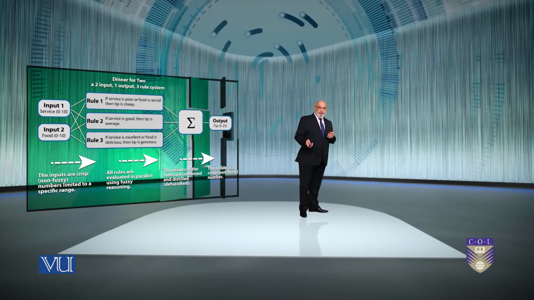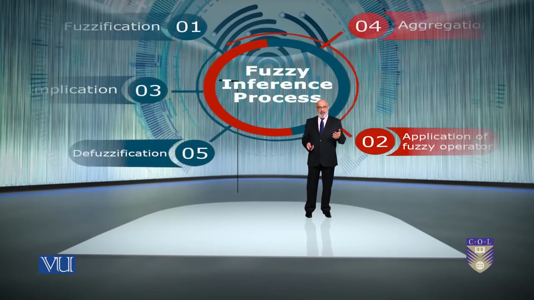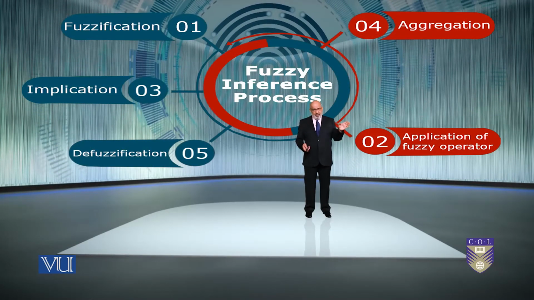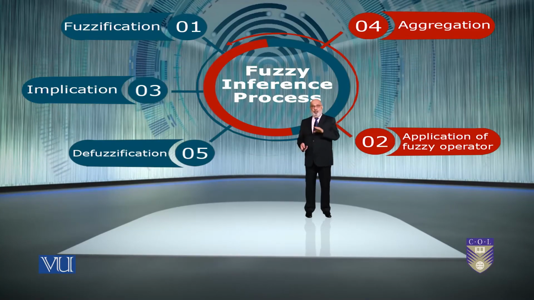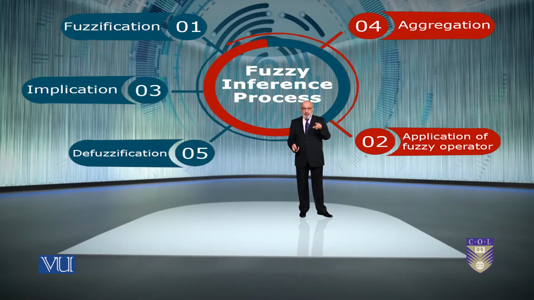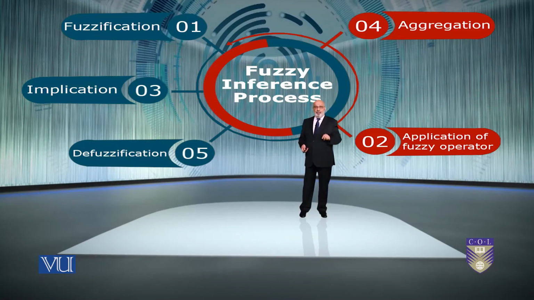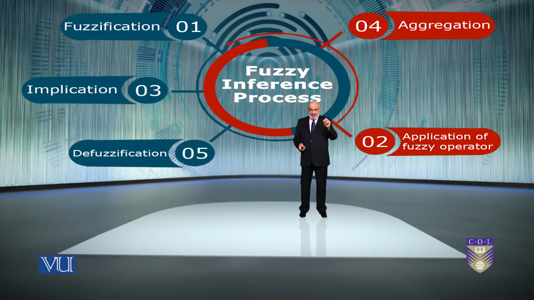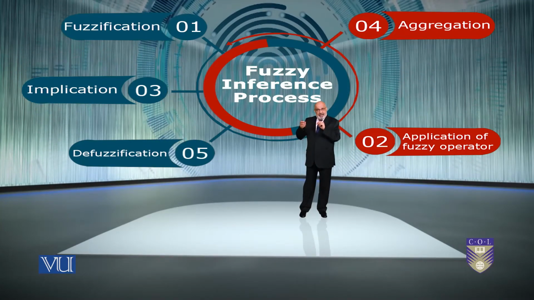Once again, what are those 5 steps that we carry out? Remember, at the input we have a crisp input and we want to create a crisp output. So fuzzification of input, application of the fuzzy operator in case there is more than one part, and then implication, the third step. Implication is the right hand side.